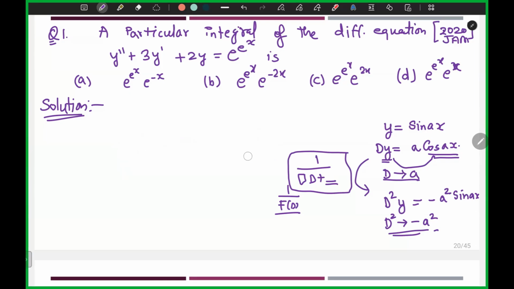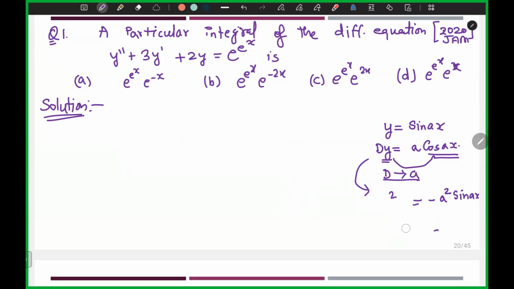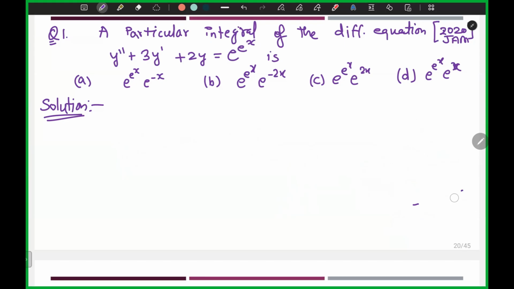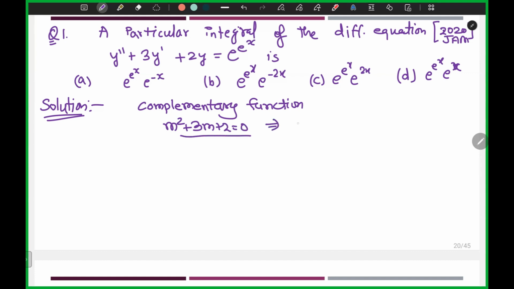For this question, has anybody tried? Okay, first tell me what is the complementary function here. The auxiliary equation is m square plus 3m plus 2 equals 0.